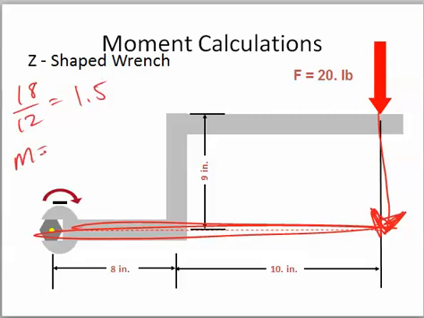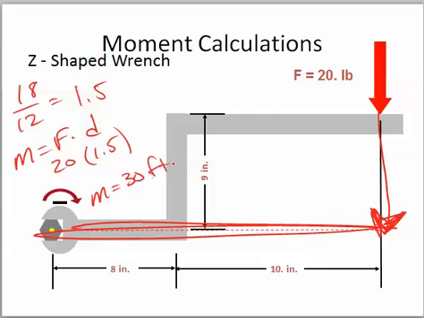So my moment calculation becomes force times distance. The force is 20. The distance is 1.5. So the moment becomes 30 foot-pounds per foot.